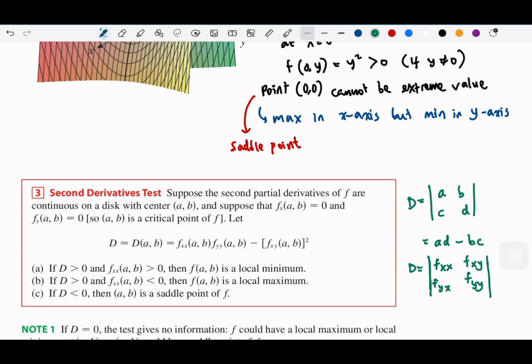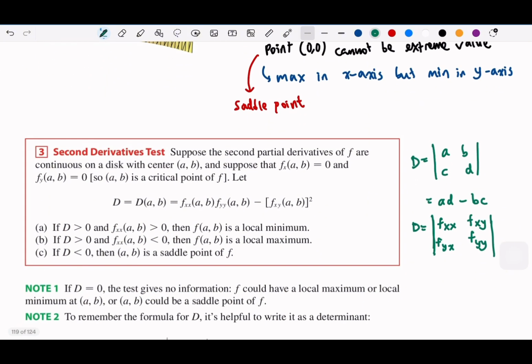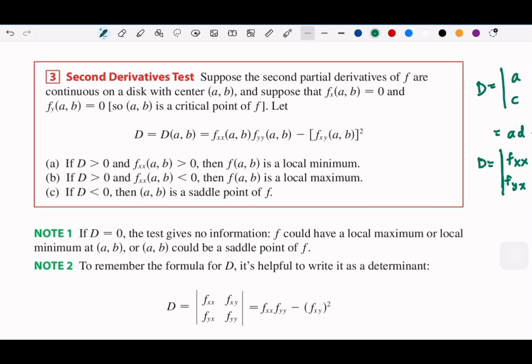If D equals 0, the test gives no information. It could be a local max, a local min, or a saddle point. So no conclusions.